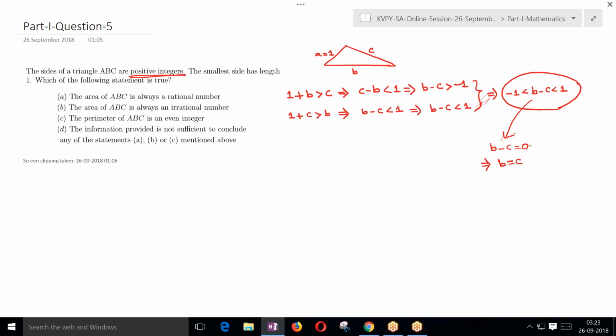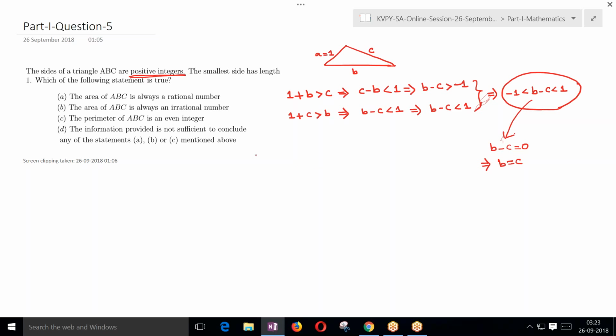Now we need to apply Heron's formula to find the area of the triangle, because we need to find the area and then the perimeter, and from there we make a conclusion. Let's find the perimeter.